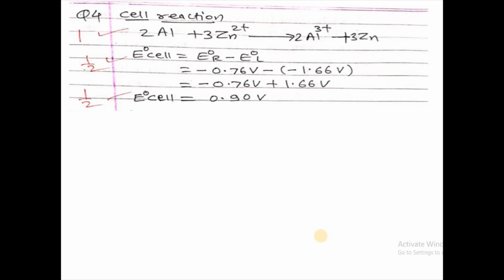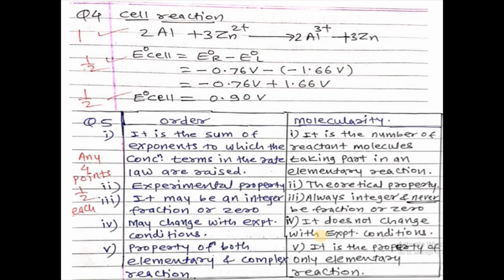In this cell representation, zinc is on the right side, hence zinc will undergo reduction, so Zn2+ will be converted to Zn, and aluminum Al will be converted to Al3+, and we have to balance only the electrons. Then E0 cell is equal to E0 right minus E0 left. We have already given the explanation of this formula, and E0 cell is equal to 0.90 volt. Like this you will get 2 marks easily.